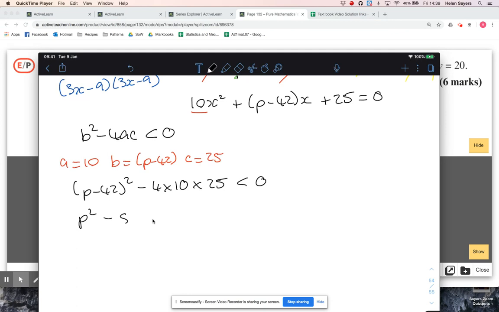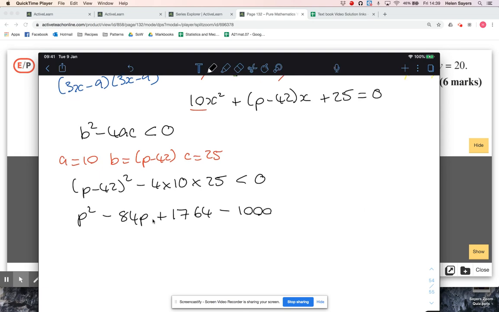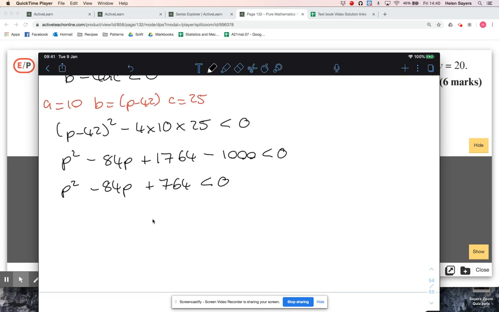That's going to be minus 84p plus 1764, and then minus 10,000. That seems quite big. Yes, because I typed an extra 0 in there, so it's minus 1,000. So p squared minus 84p plus 764 is less than 0. That's the quadratic inequality.